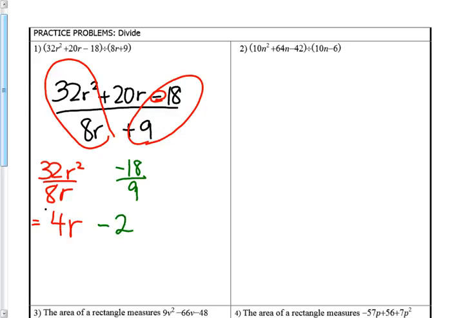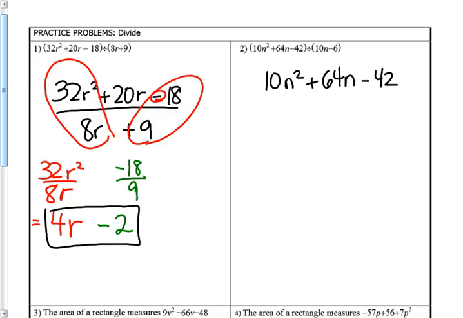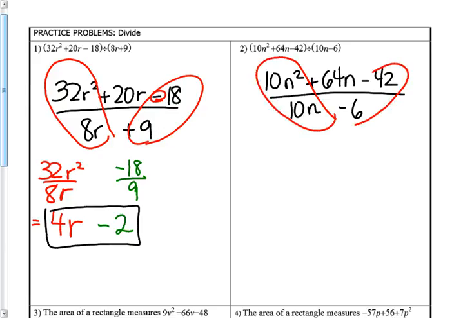So my answer for this one would be 4r minus 2. Okay, number 2, we have 10n squared plus 64n minus 42 divided by n minus 6. So again, it's set up nicely for me. I don't have to rearrange anything here.